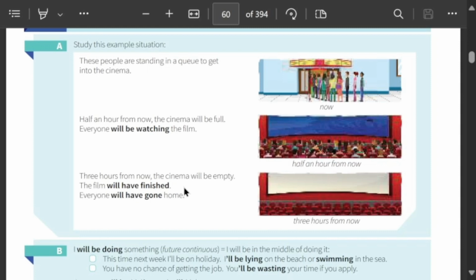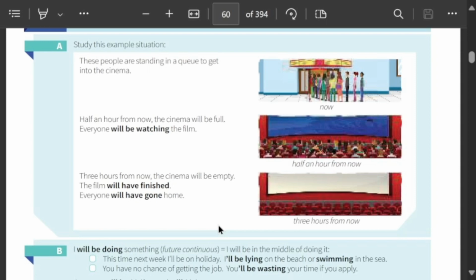Because have finished is present perfect, remember? Something that happened right before now. But if you take that situation and push it to the future, then you have this tense, will have finished. And everyone will have gone home. Will have gone, will have finished.